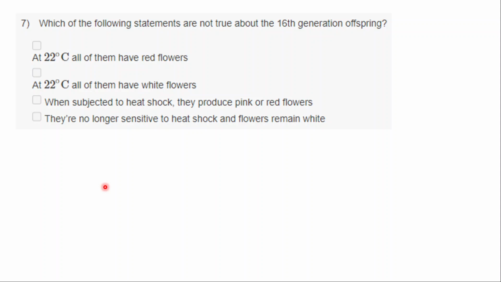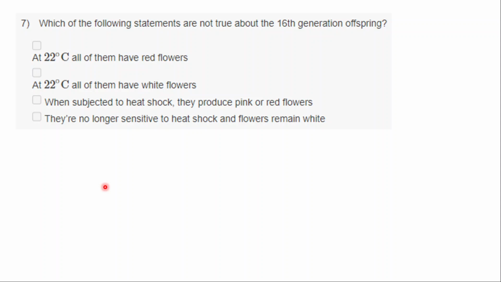1 and 3? Oh, so you have encountered this question earlier. Okay.